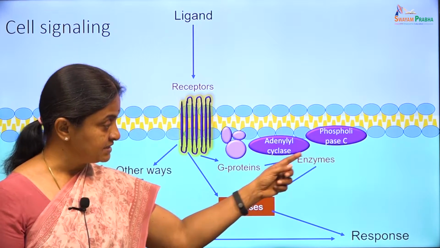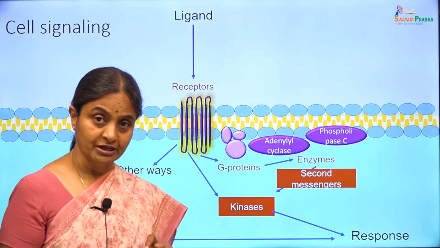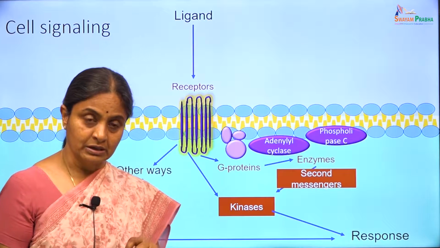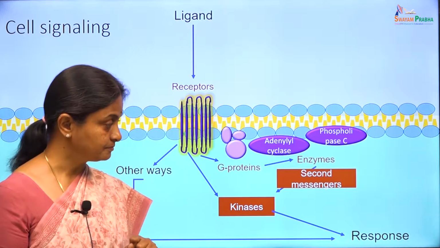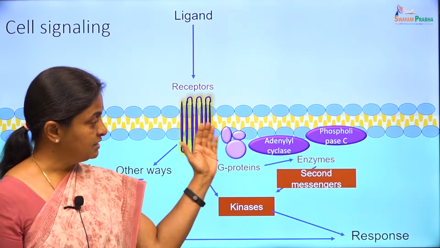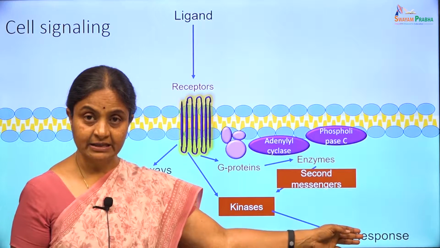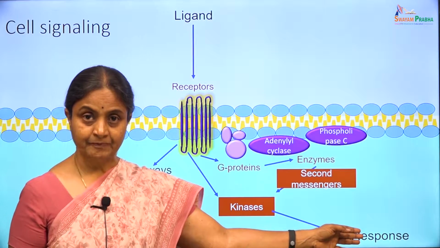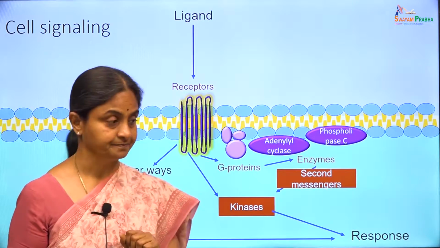The way the enzyme activates the kinase is usually through another signaling molecule called a second messenger. It is this scheme of signaling that we will discuss first, and then we will go on to the other mechanisms later.